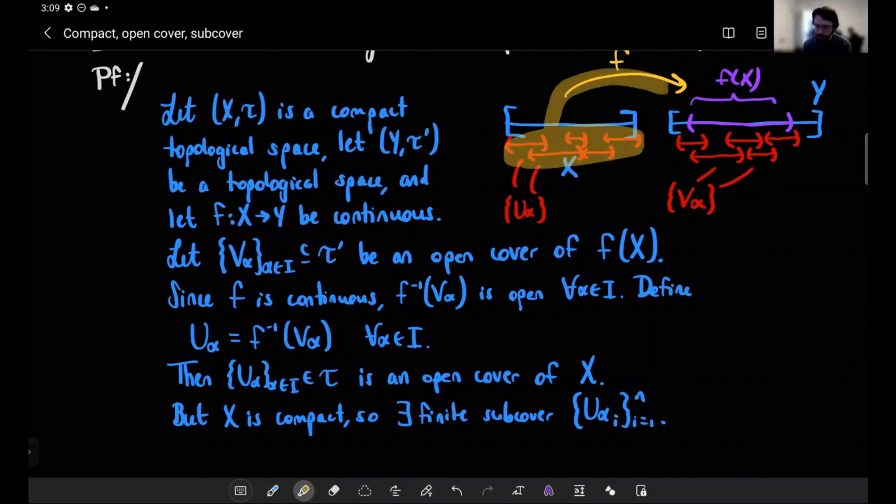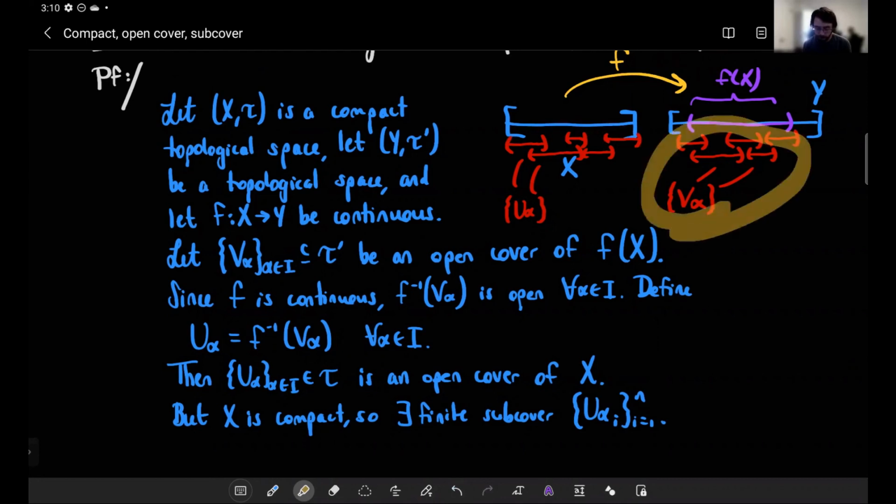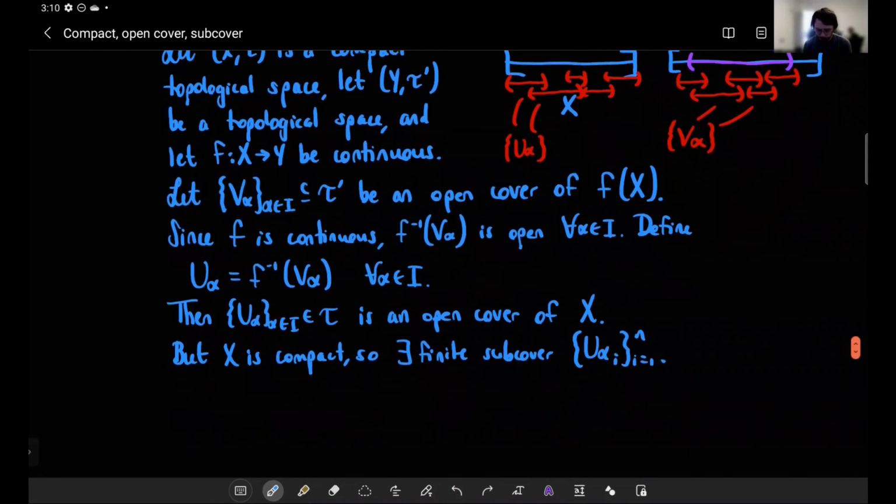I want to maybe push them forward. Right? Apply F to each of them, and then there we go. But what you get might not be a subcover of this original cover V sub alpha. We would have to know something about like injectivity or surjectivity. I forget which, probably injectivity, to prove that.